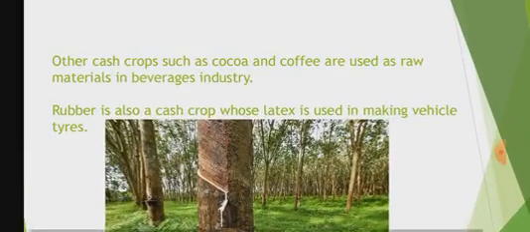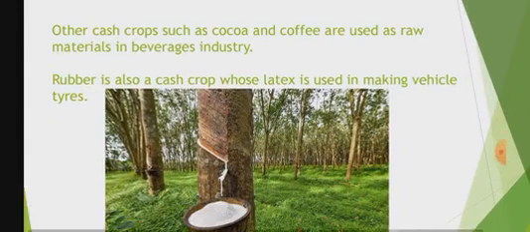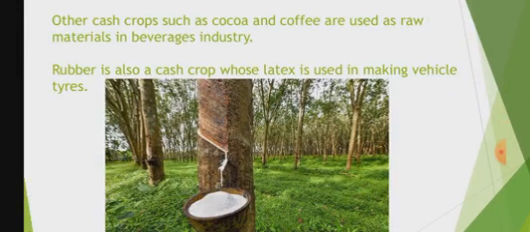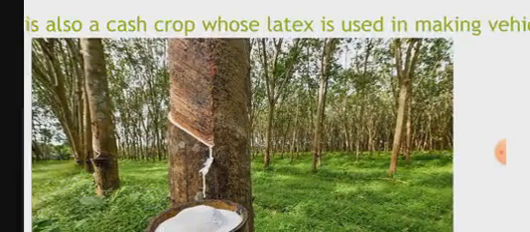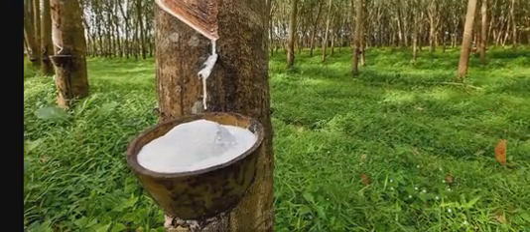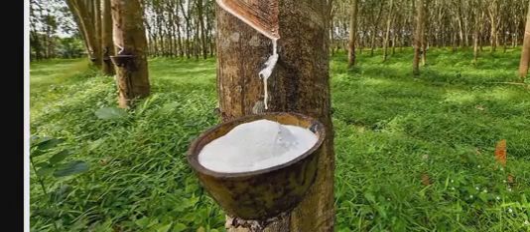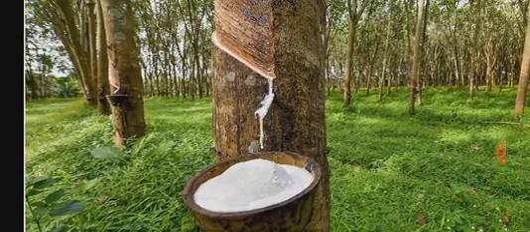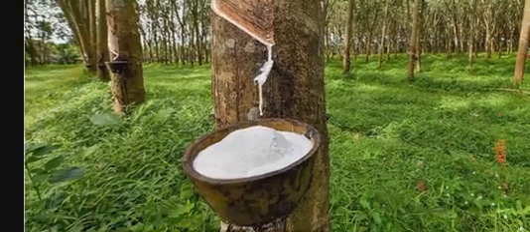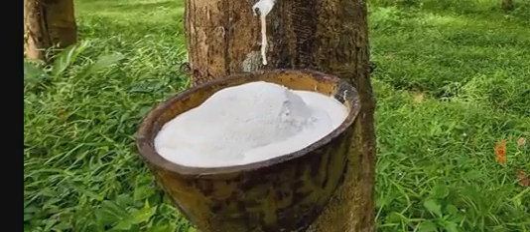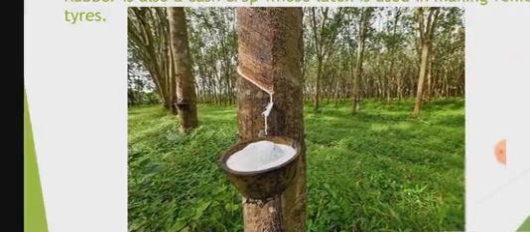Other cash crops are cocoa and coffee that are used as raw materials in the beverage industry. We have rubber. Rubber is a cash crop that we can use its latex to make vehicle tires. That's what you see on the screen there. You see that plant secreting that whitish substance. That is rubber. It's a cash crop.